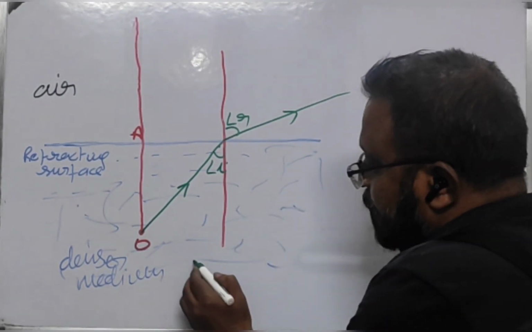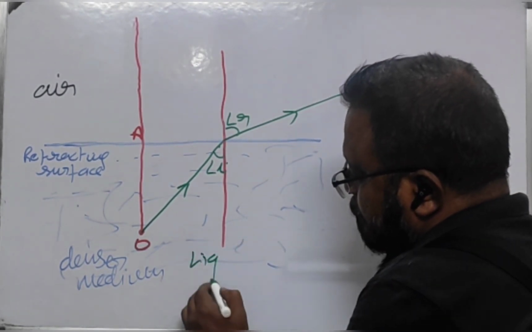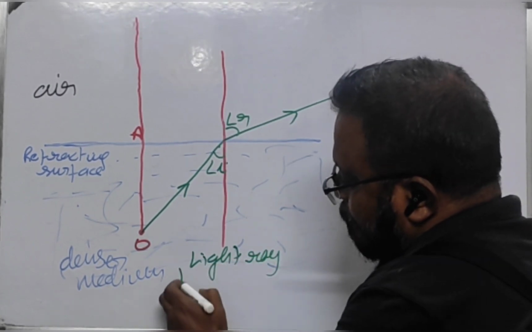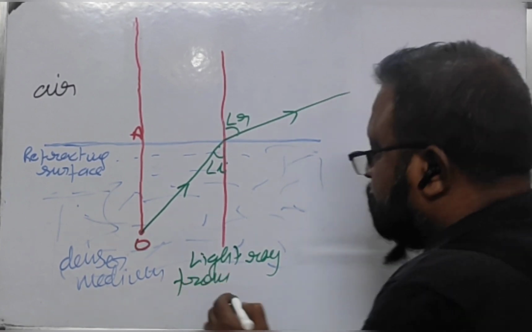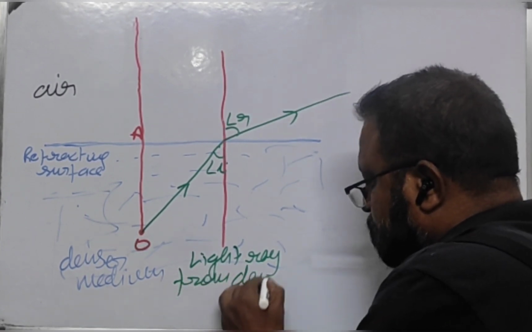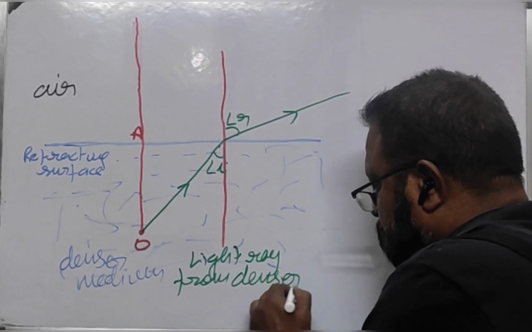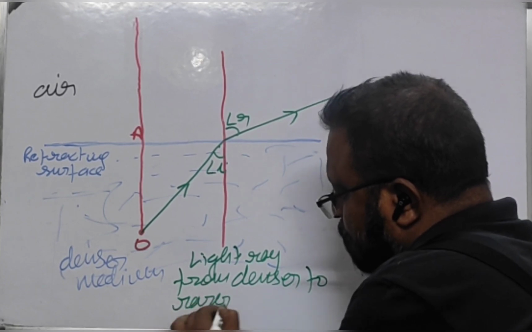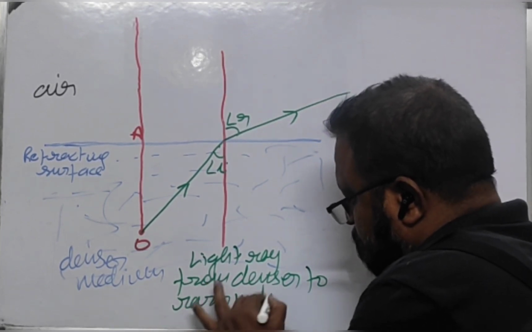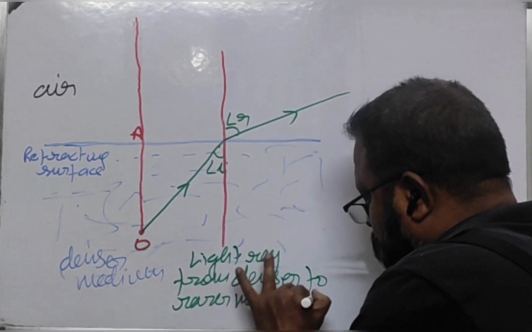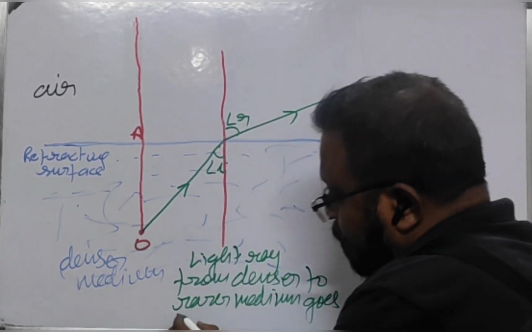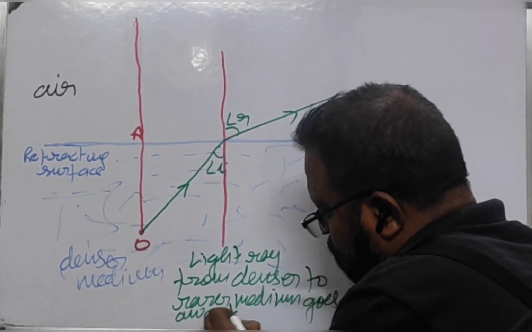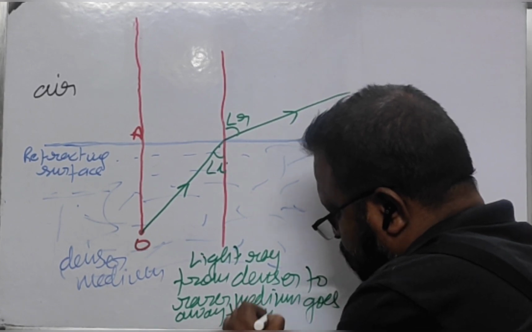So we can say that a light ray from denser to rarer medium goes away from the normal.